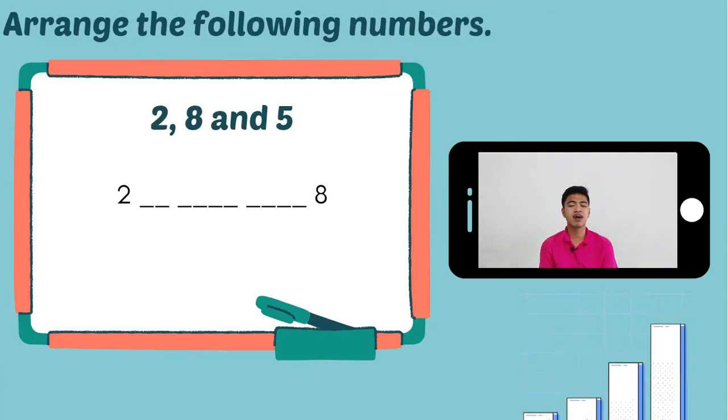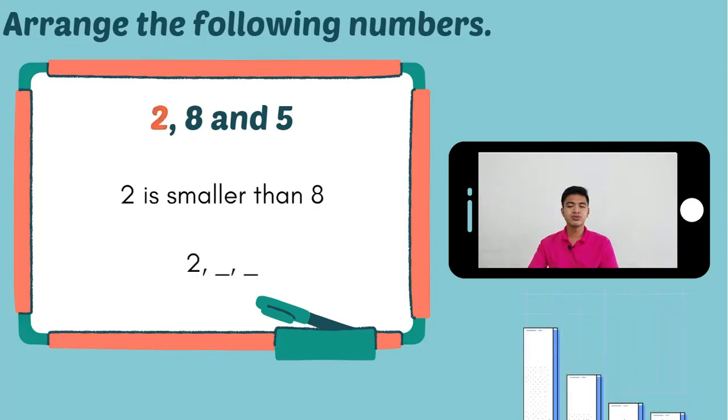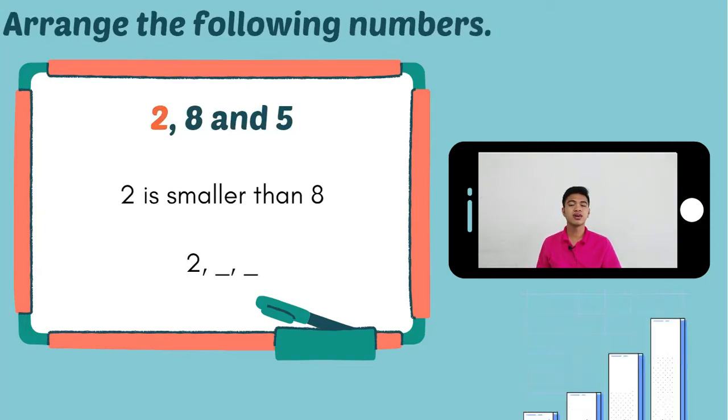Of course, we will have to compare first the first two given numbers, which are 2 and 8. So we're going to compare 2 and 8. Which is the bigger number? Is it the 2 or 8? So let's find out. Okay, here 2 is smaller than 8. Therefore, we're going to write 2 first because we're going to arrange it in ascending order.